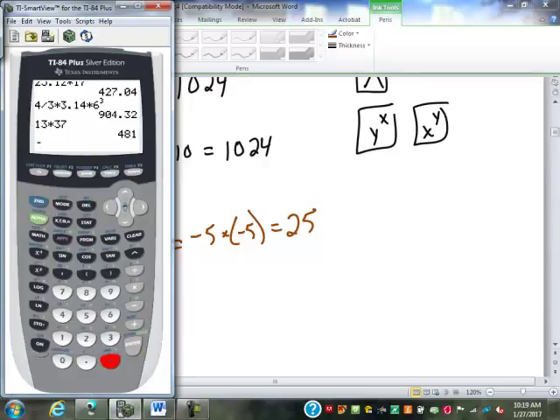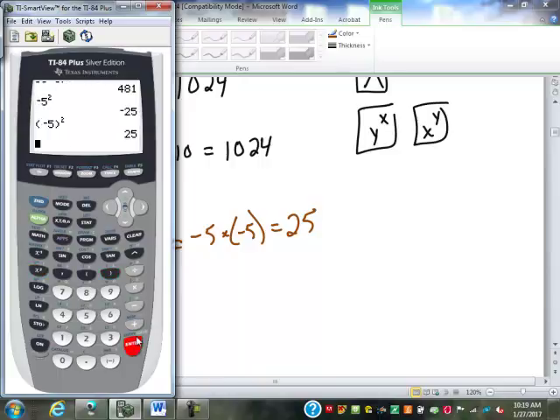Instead of using the subtraction key, use that negative key. I do negative 5 x squared. My calculator is going to try to tell me that it's a negative 25. Obviously, that's not right. We know it's a positive 25. Well, on your calculator, you have to put negatives in parentheses when you raise them to a power. Now it'll do it correctly.